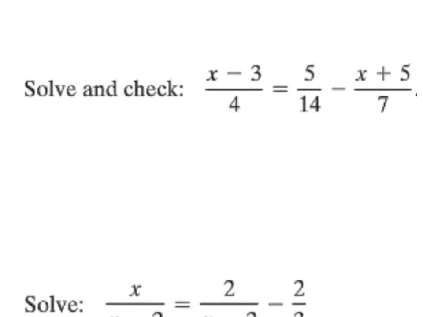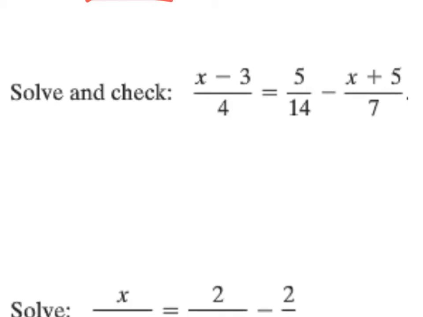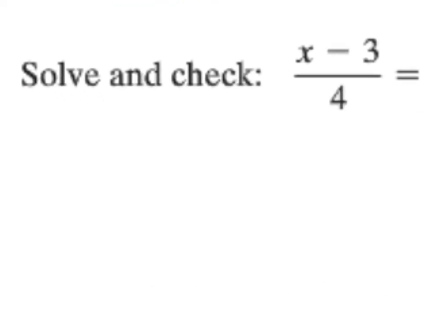Now, the next one is a rational equation, okay? And this is a rational equation because we have fractions here, okay? Now, what I want to do when I have a rational equation is I want to eliminate my fractions, okay?